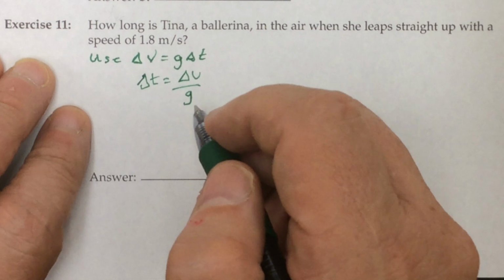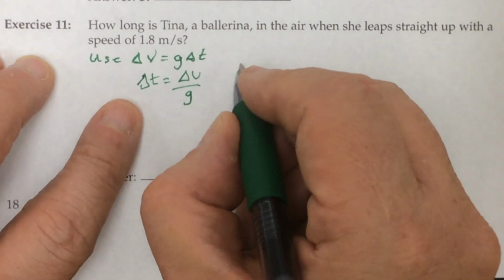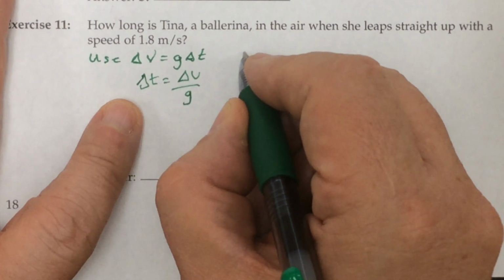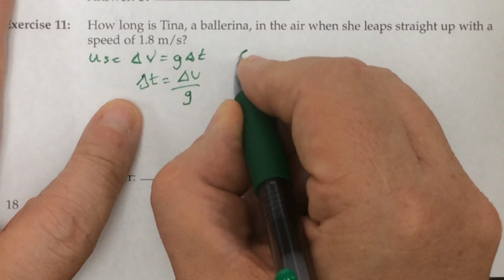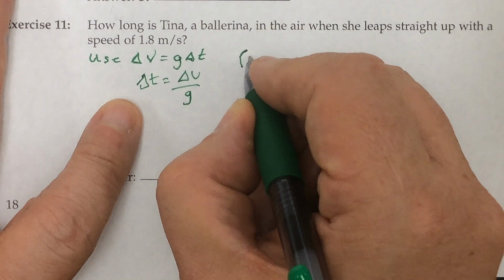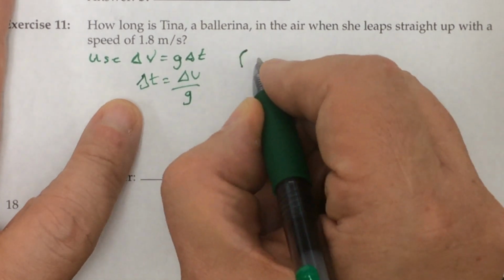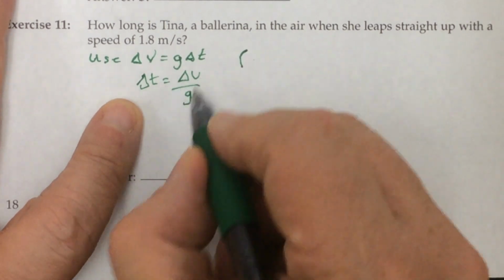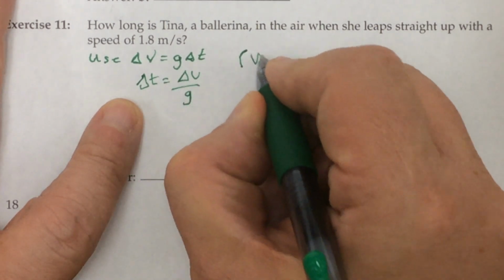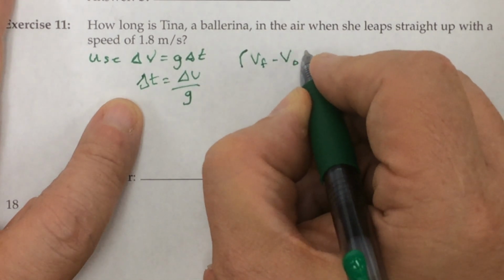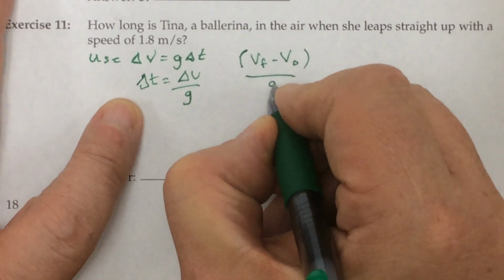Okay, so let's just do that as a change in velocity. She's going to start at V sub I. T is this over G. So this is going to be V sub F minus V sub I, or V sub 0 initial, over gravity.